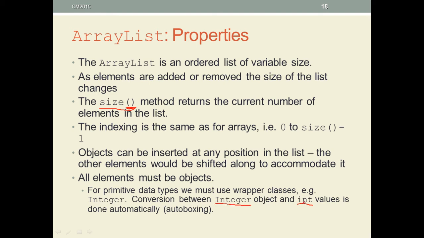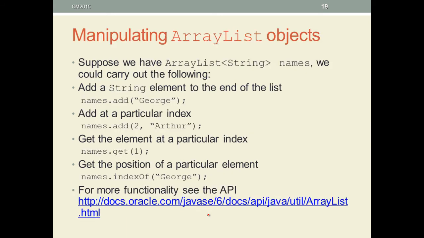So for each primitive data type, there is a class of objects called a wrapper class. So for int, it's Integer. For double, it's Double with a capital D. For boolean, it's Boolean with a capital B. And Java will automatically convert between the two using a process called autoboxing. And if you haven't met that before, then you should look that up or Google that.